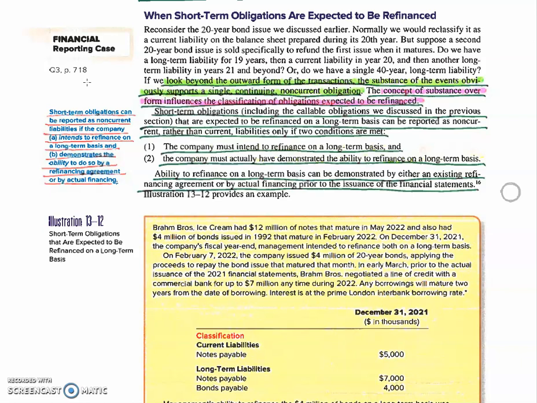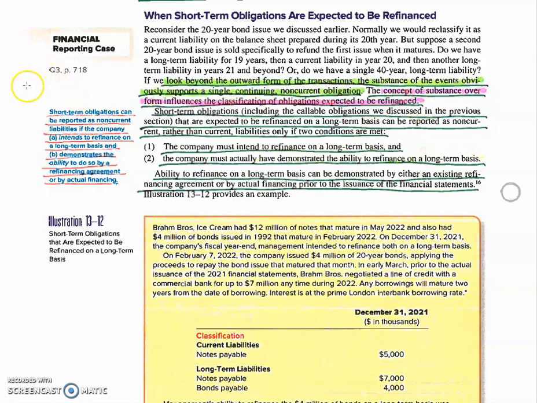But the substance is, for a big corporation, that you're going to refinance that debt and you're not going to have to use current assets to pay it off. So in that case, the concept of substance over form influences the classification of the obligations expected to be refinanced.